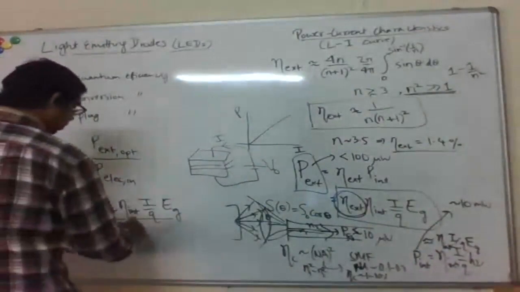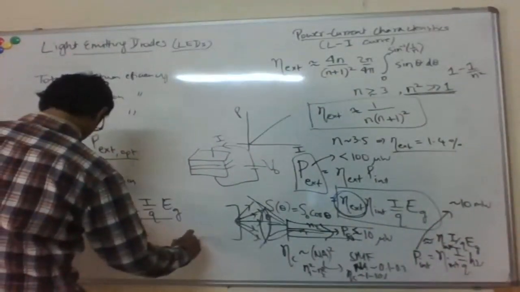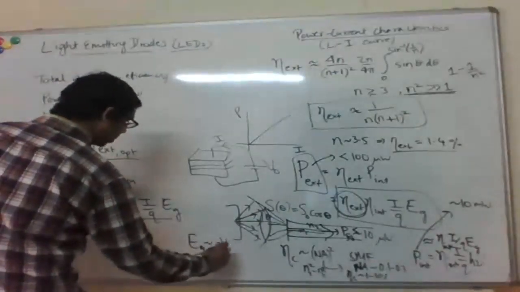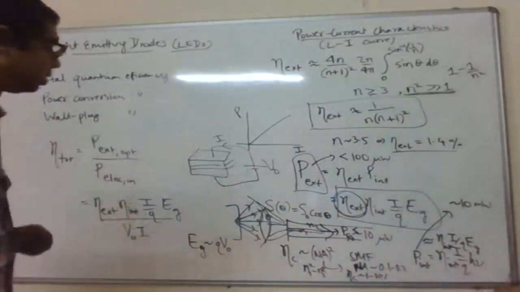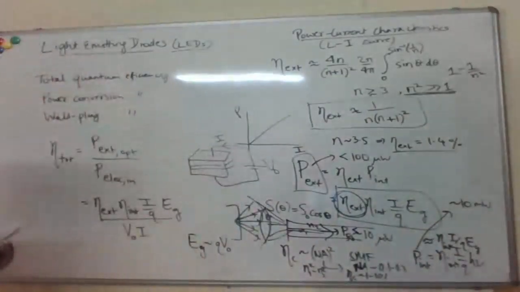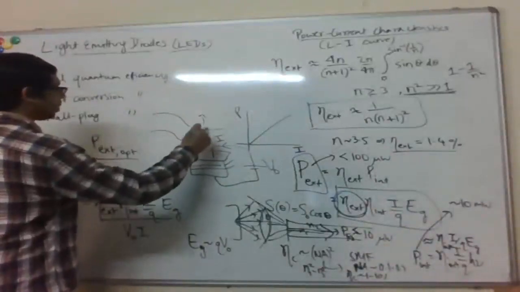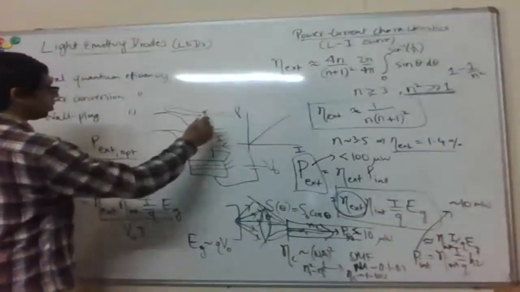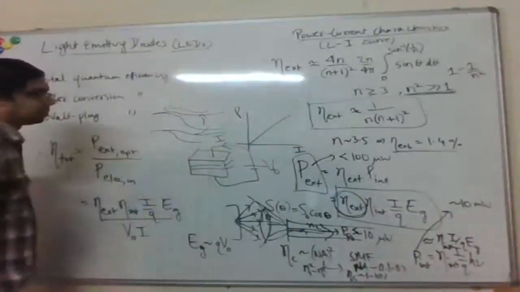Typically this forward bias voltage is of the order of the band gap. So basically, Eg is q times V0 roughly. Right, so Eg is around like 1 electron volt, and the voltage applied here is also around 1 volt, right? So again, recall this picture where you had this band bending and then you wanted to apply some voltage to make this flat so that current can easily flow. You can see that the amount that we need to push this up is roughly equal to the band gap.